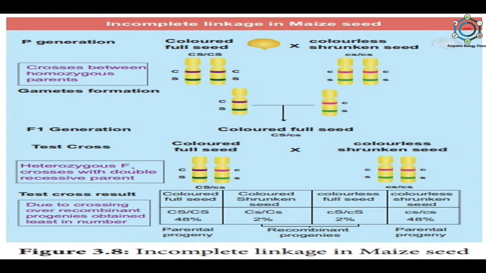The test cross results clearly show that the parental combinations of alleles, those expected from complete linkage, appear in 96% of cases, and the other two are the new combinations and appear in 4% of cases. So in 4% of cases crossing over has occurred between the linked genes, and because of this it shows incomplete linkage.